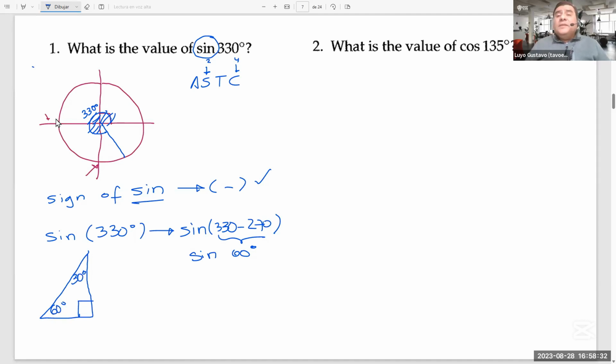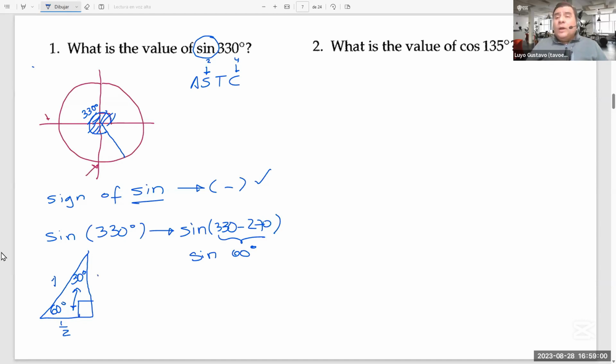So if this is 1, according to the principles of this triangle and the proportion of the sides, the short leg, that is the side opposite to the angle of 30 degrees, should be 1/2. And what about the side opposite to 60 degrees?